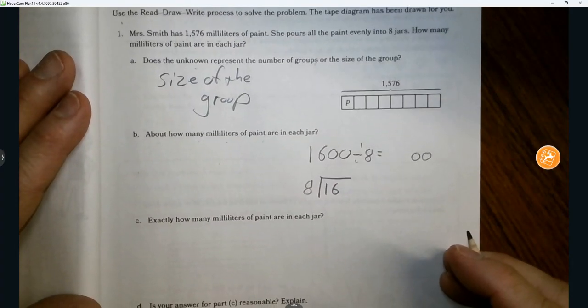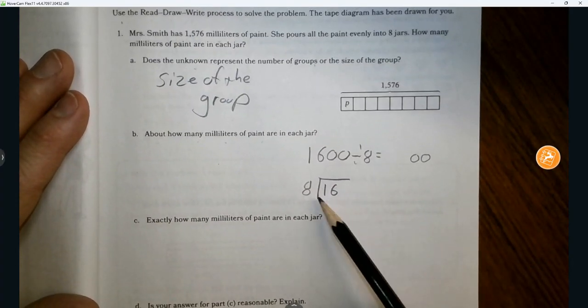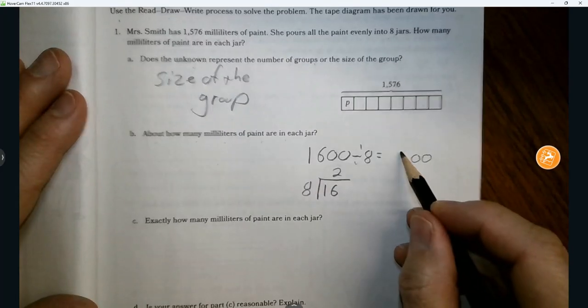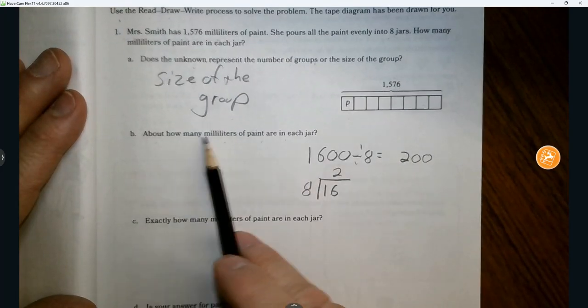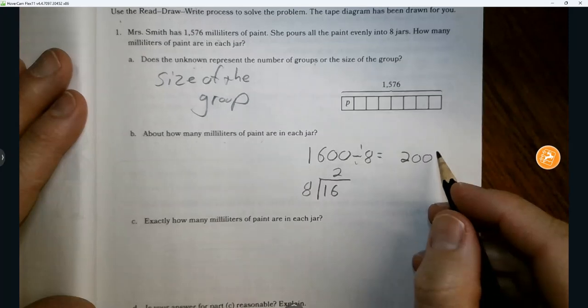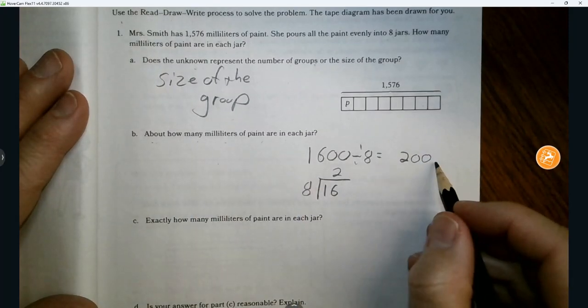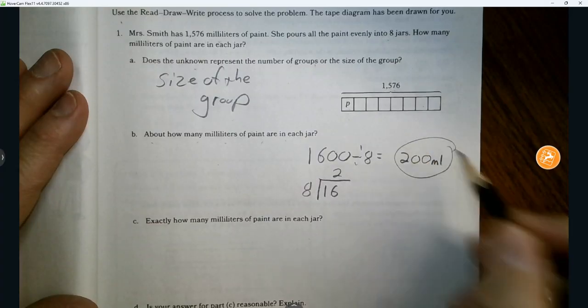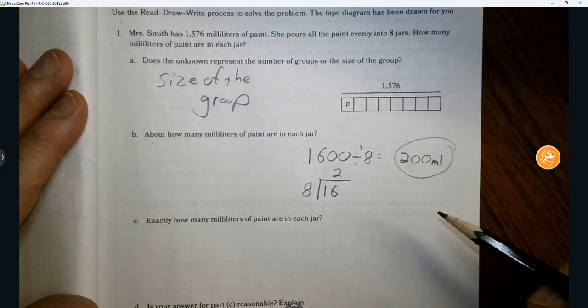There we go. 16 divided by 8. How many times does 8 go into 16? Yeah, 2. So how many milliliters of paint are in each jar? About, so we're going to guess, remember, mL for milliliters, there's about 200 milliliters of paint in each jar.